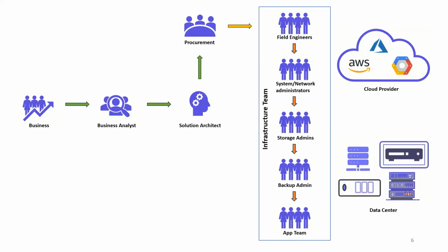AWS provides cloud computing services, Azure provides cloud computing services, Google Cloud Platform provides cloud computing services. Out of that, Google Cloud provides the services cost effectively. That is the reason most companies nowadays are looking towards Google Cloud Platform. There are plenty of opportunities. In our course, we are going to focus on GCP.